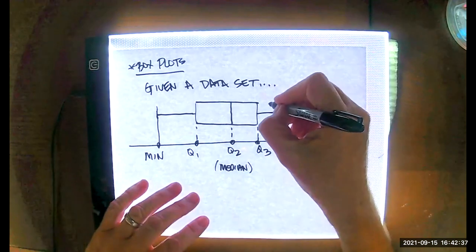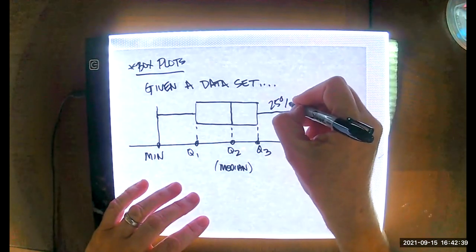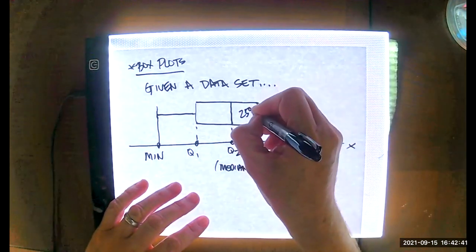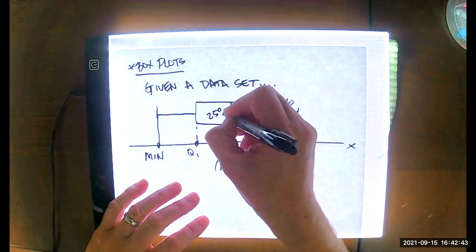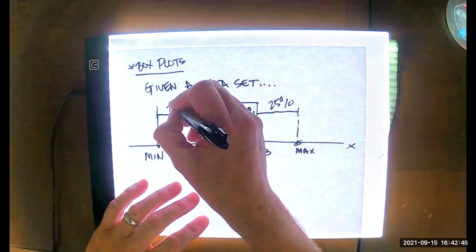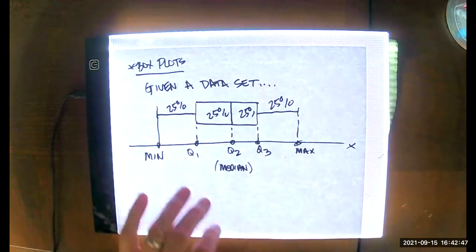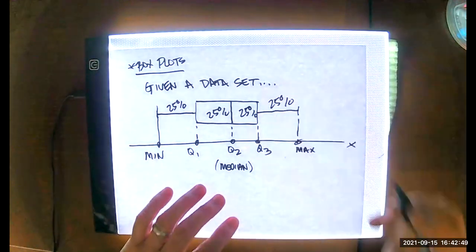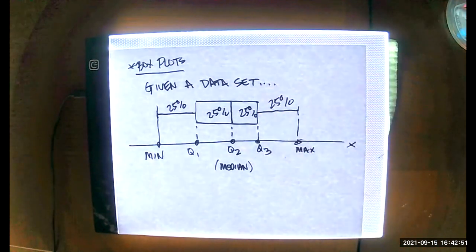And again, each of those will contain 25% of the values in the data set. That's a box plot. Very easy to draw, by the way, as long as you have access to the 5-number summary, as we like to call it.